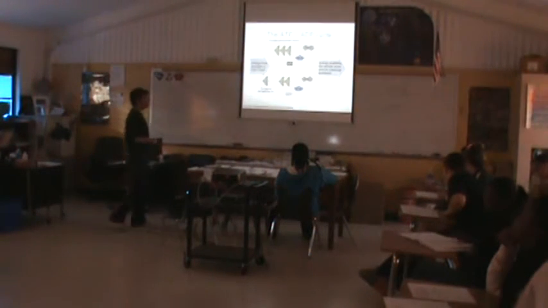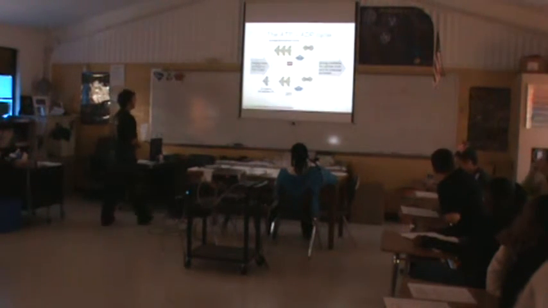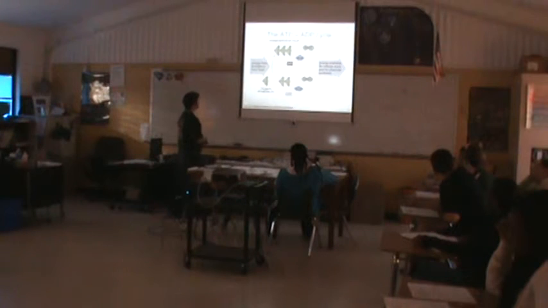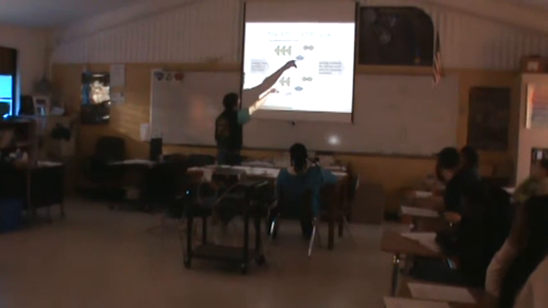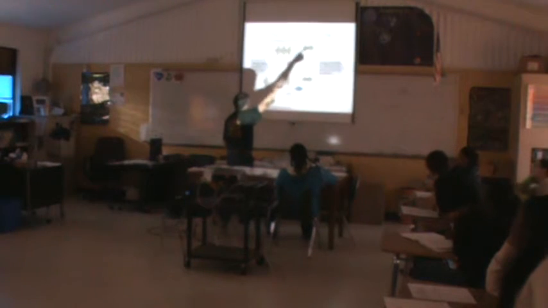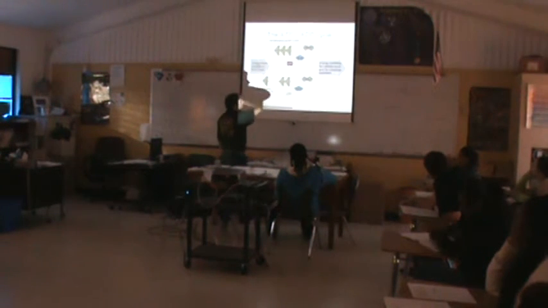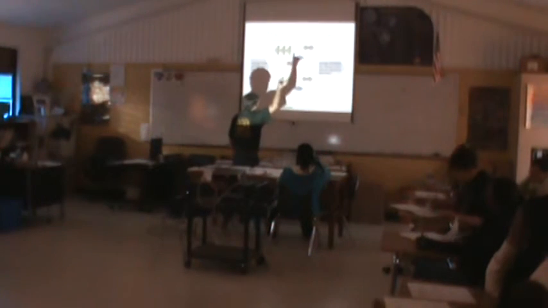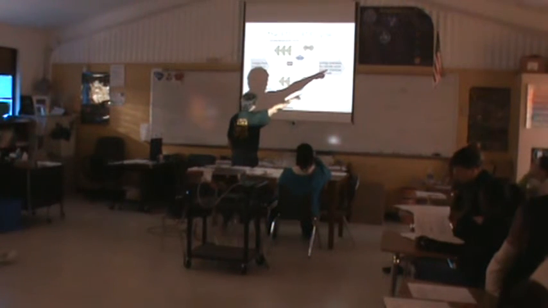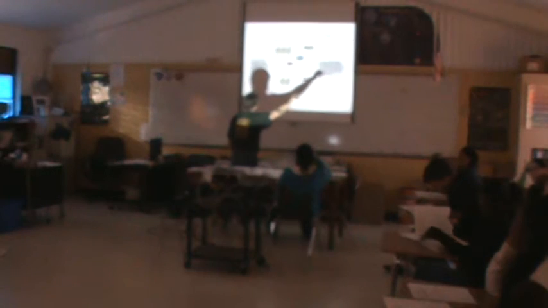Alright, so again, there's the ATP-ADP cycle. Okay, so ATP, here's the adenine, ribose, phosphate group. So now its energy is available to be used in whatever cellular work is needed.